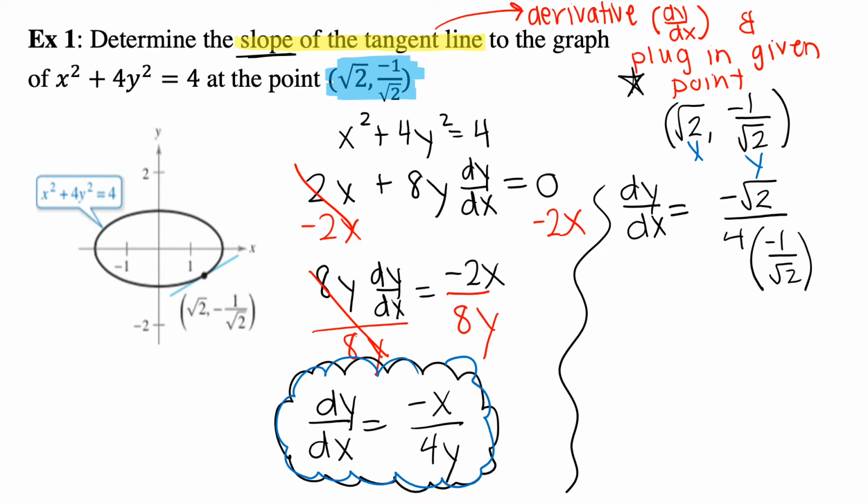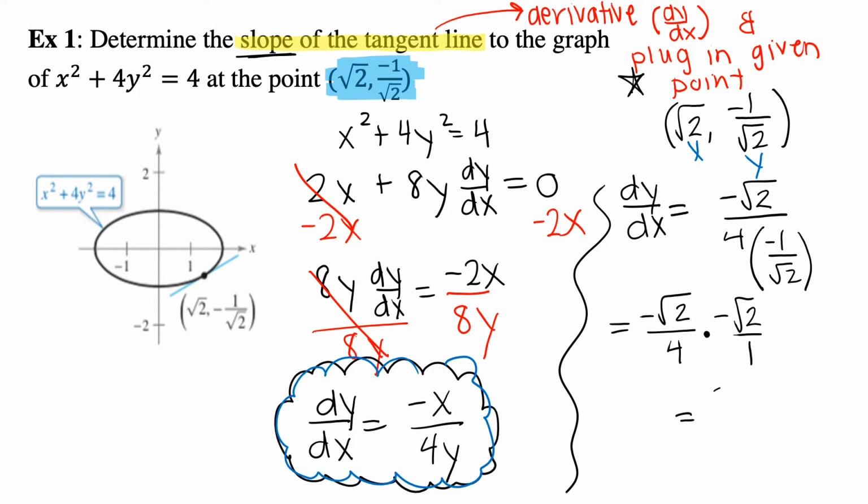Now when we're dividing by that negative 1 over root 2, I'm going to flip that, so this is actually equal to negative square root of 2 over 4 times negative root 2 over 1. So dividing by negative 1 over root 2 is the same as multiplying by the reciprocal, which gives us negative times a negative gives us a positive.